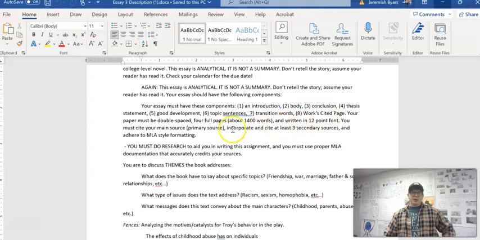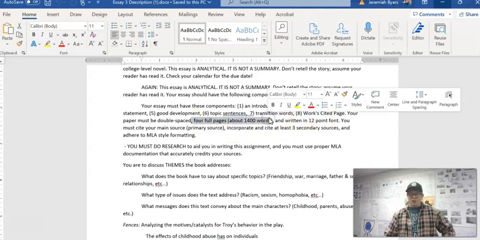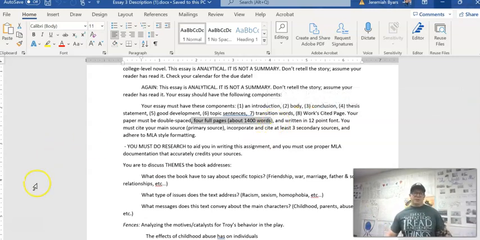It should be 4 full pages, about 1,400 words. So the length of this essay does matter. I will be looking for about 1,400 words. I put that there for a reason.